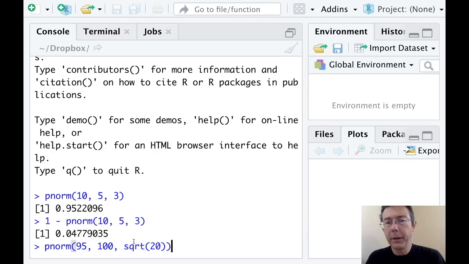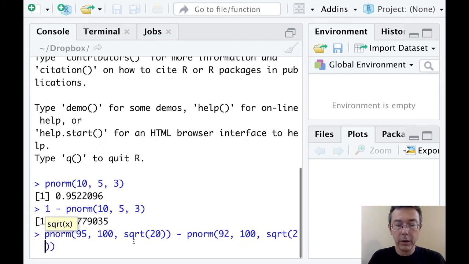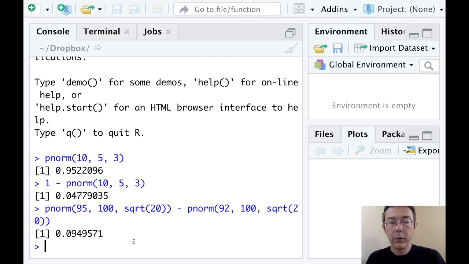So that's the probability of getting x less than or equal to 95. Now I need to subtract off the probability of getting an x value less than or equal to 92, the lower limit. So pnorm of 92, 100, square root of 20. So in this case, I get 0.095 approximately.